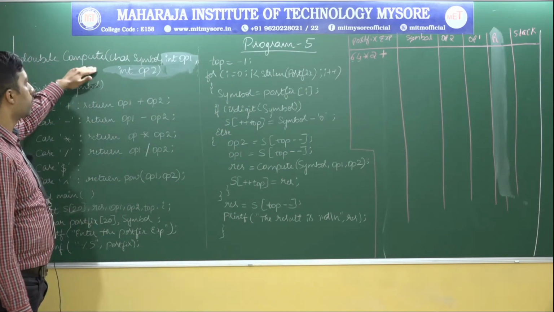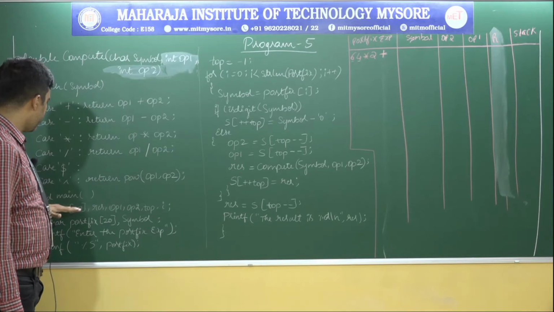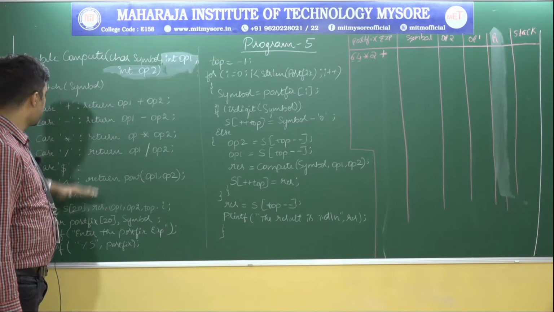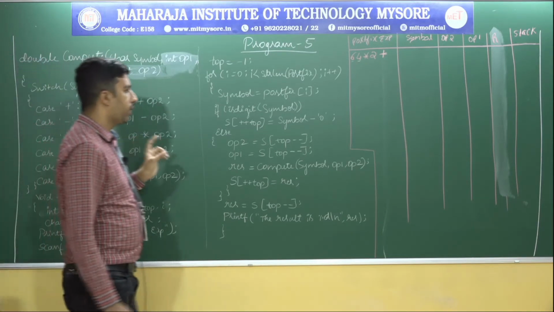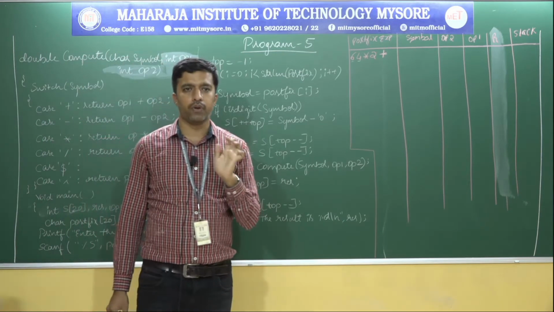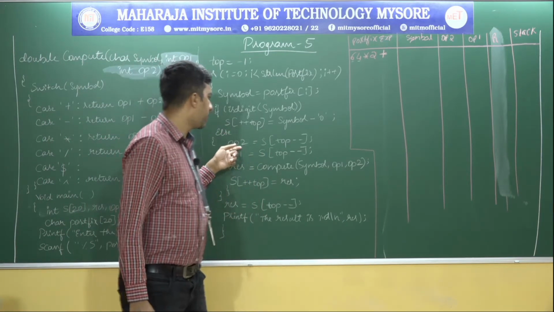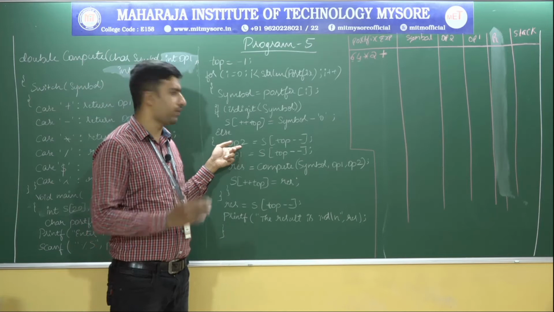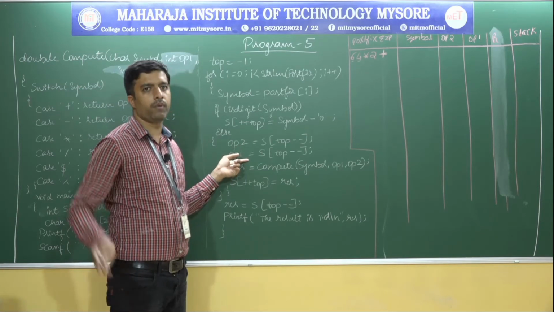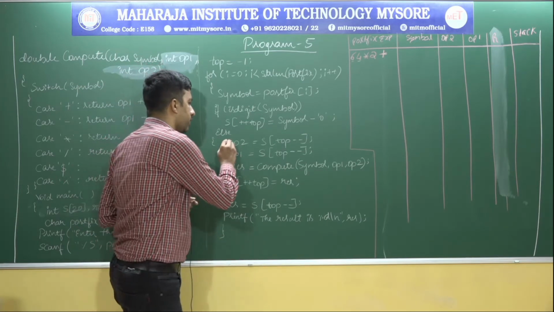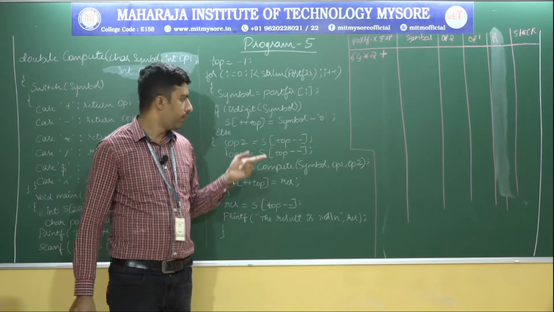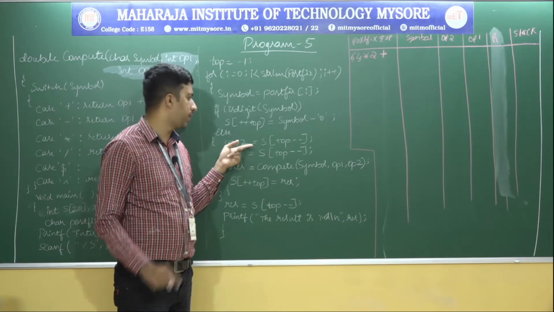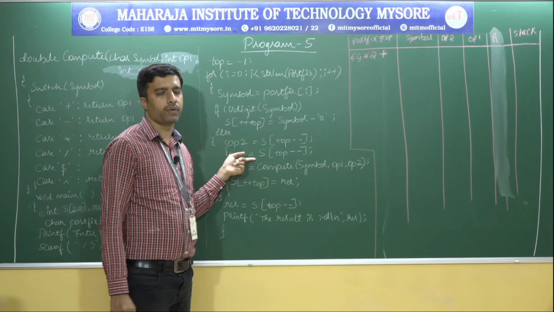Here we have a computation function and the main function. When scanning, operand 2 will be popped out first and operand 1 will be popped out later. Only this has a difference: the second operand is popped first, and the first operand is popped later.